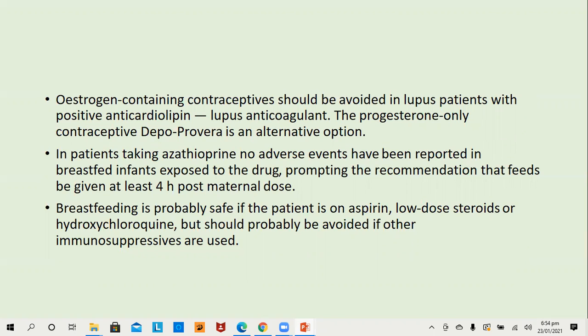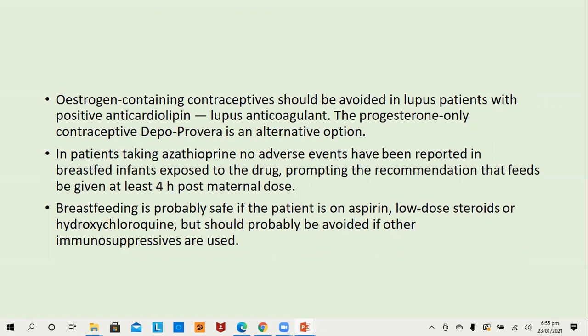In patients taking azathioprine, no adverse events have been reported in breastfed infants exposed to the drug, prompting the recommendation that feeding be given at least 4 hours post-maternal dose. That means after 4 hours of the azathioprine dose to the mother.